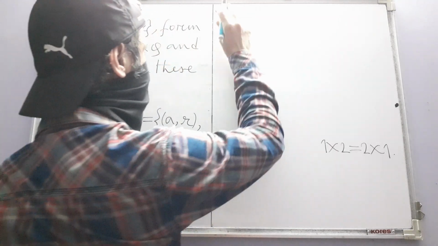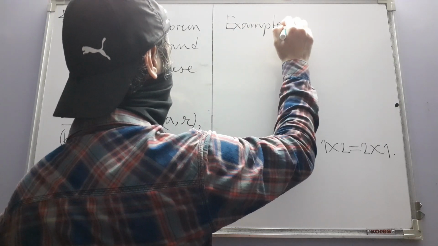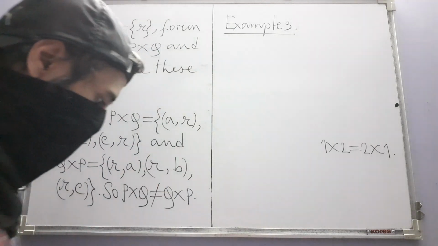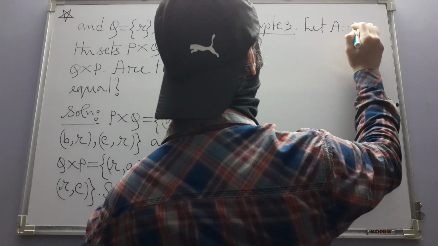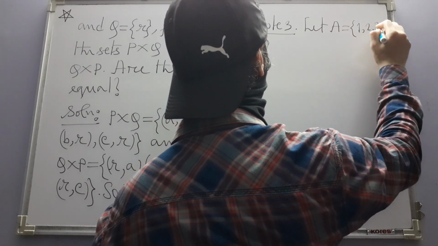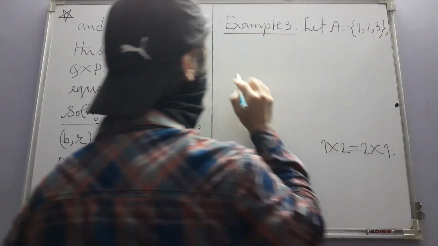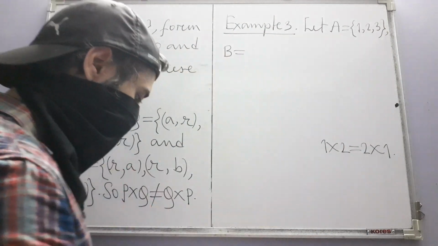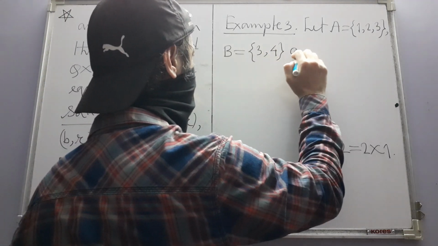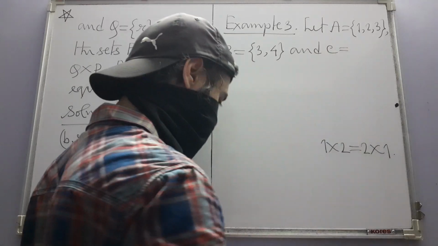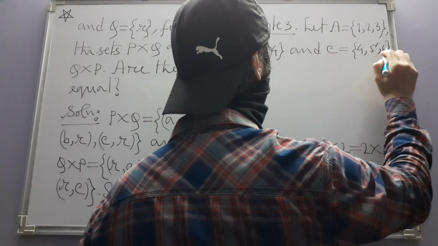Next, let A have the 3 elements 1, 2 and 3, B have the 2 elements 3 and 4, and let C have 4, 5 and 6.